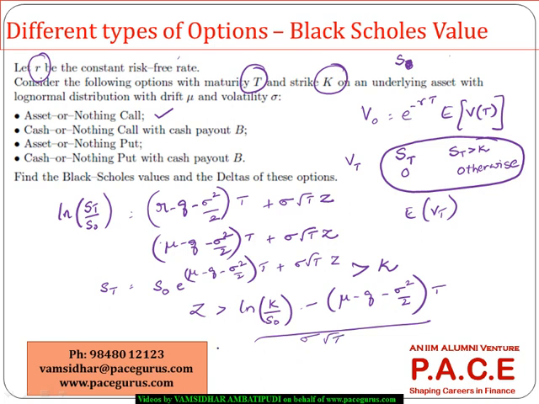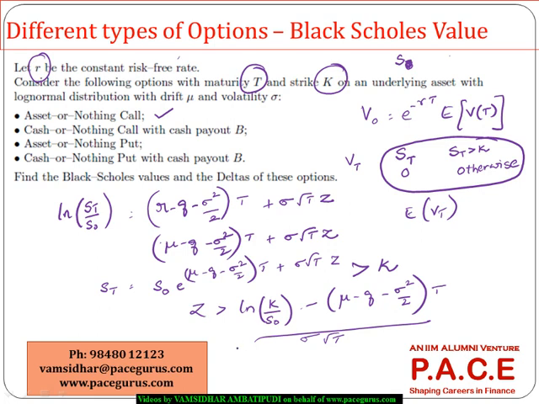So this is what we are defining z as. z is greater than log K by S naught minus mu minus q minus sigma squared by 2 into t.